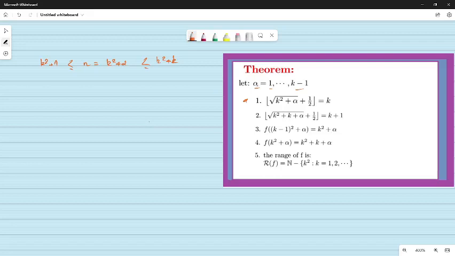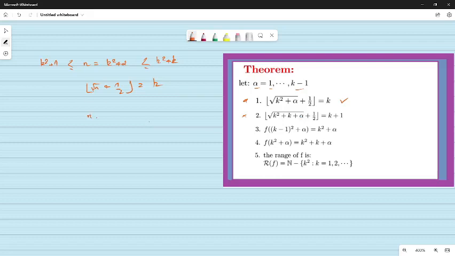Alpha is an integer, positive integer. So we have seen before that square root of n plus 1/2 is equal to k. This is exactly it, and the second assertion is exactly the third case.